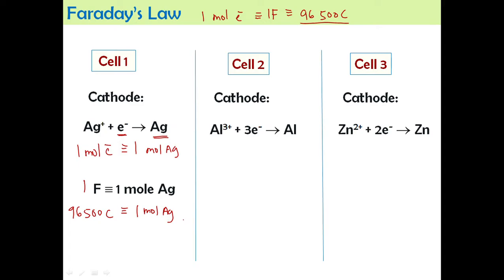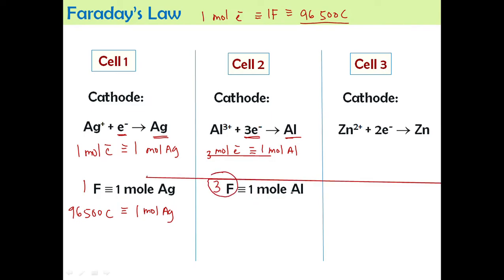Okay? What about cell 2? From the equation, 3 mole of electron produce 1 mole of aluminium. So 3 mole of electron produce 1 mole of Al. So kita tahu 3 mole electron akan carry 3 Faraday. So 3 Faraday menghasilkan 1 mole Al.